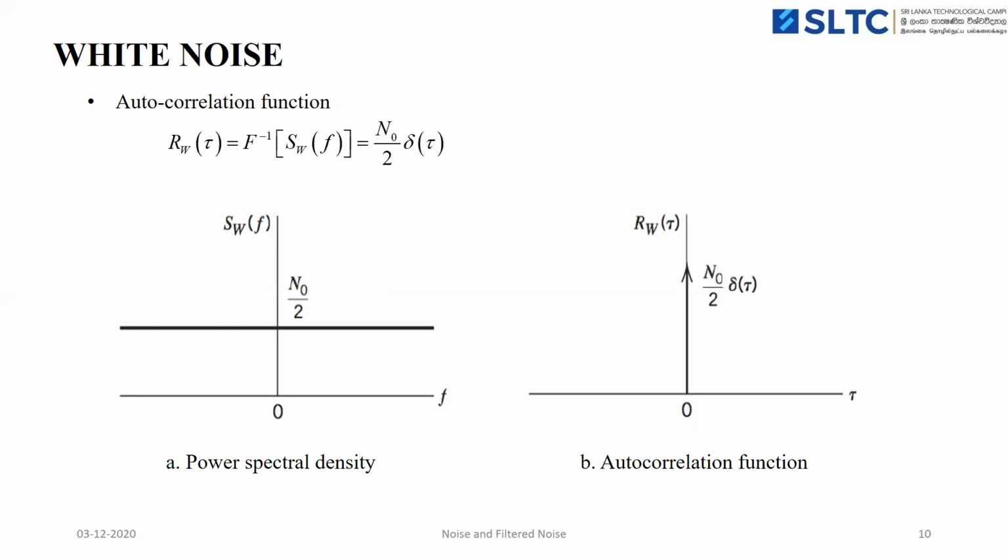So we can consider only one sample in the white noise, say at frequency f, where the magnitude is N naught by 2. If you take the inverse Fourier transform of N naught by 2, we get the impulse function, because the Fourier transform of an impulse function is again an impulse function.